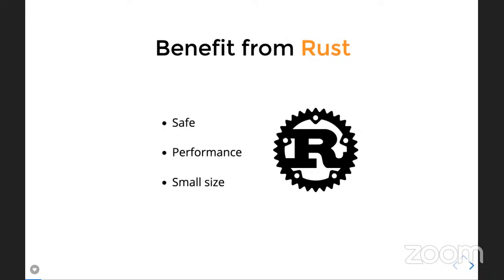Rust is a safe, performant language. Also, if we want to build WebAssembly, Rust can build a really small binary because there's no runtime, and it is still small, safe, and performant. So Rust is a good language for building WebAssembly.